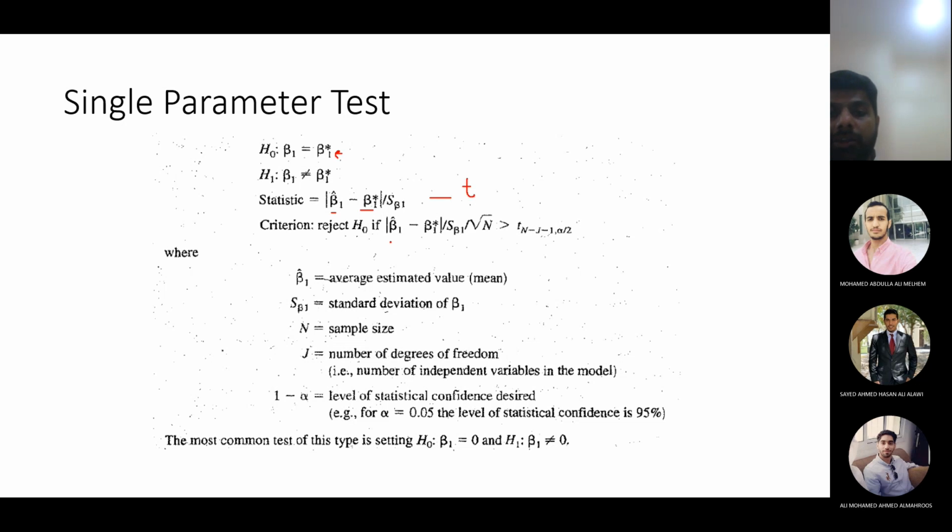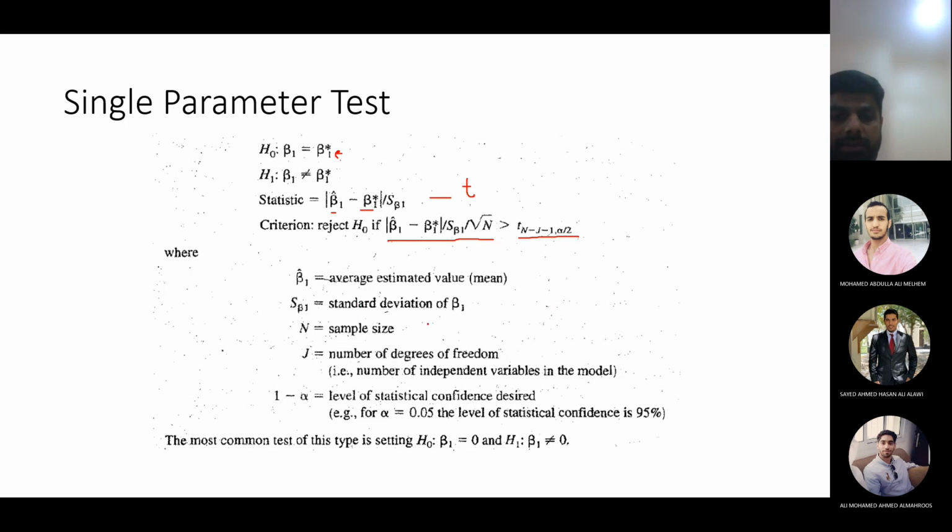How to take the value of T from the table, I will explain in a minute.